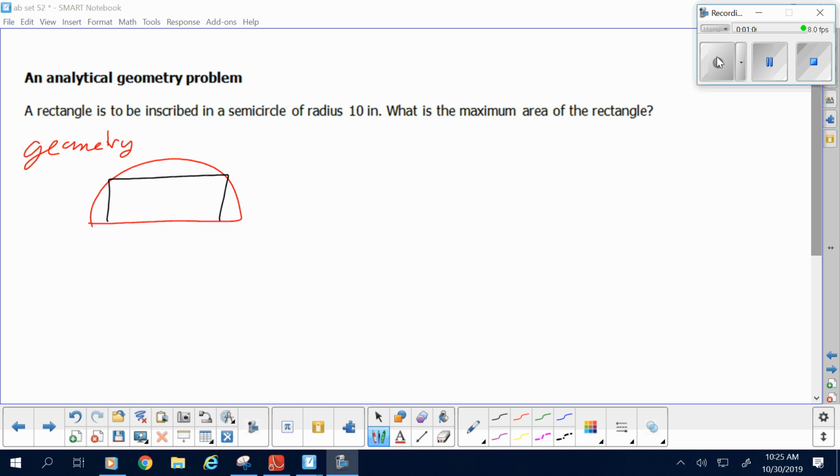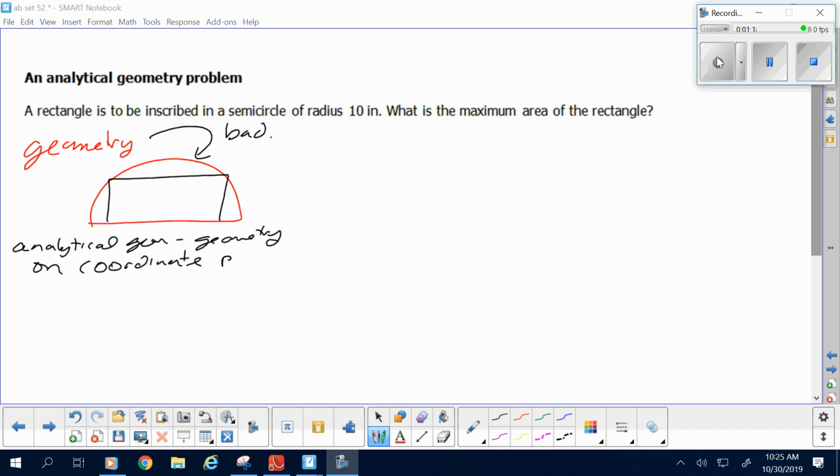This is probably a bad approach. Instead, use what's called analytical geometry, which is geometry on the coordinate plane, so that you can use equations and all that knowledge you worked so hard to acquire in your previous classes.